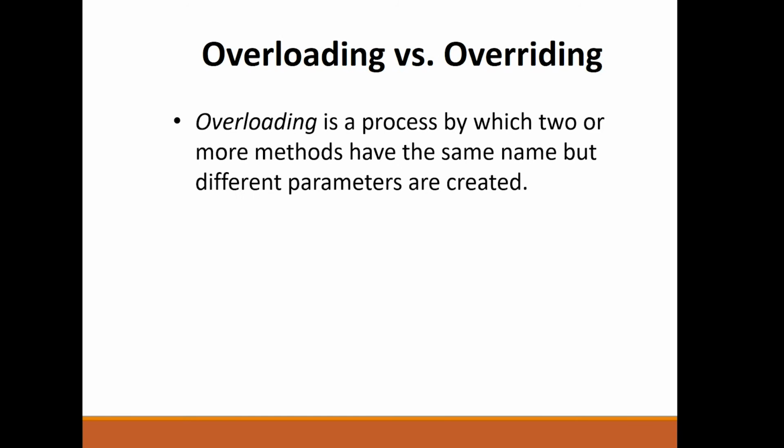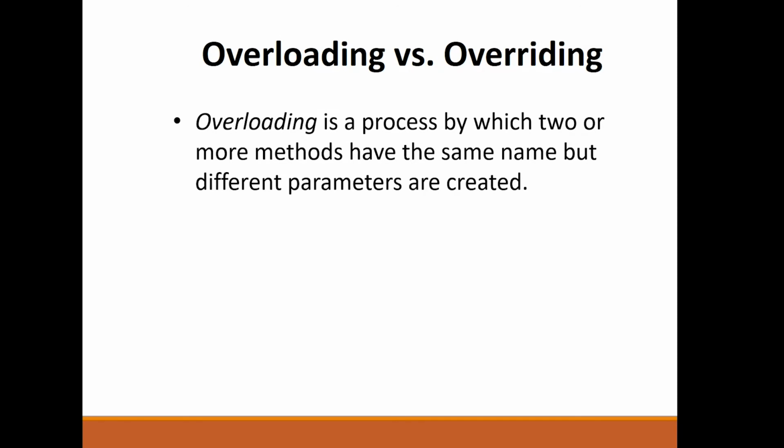Overloading is a process by which two or more methods with the same name but different parameters are created. This has already been discussed last time, no? So overloading is having the same method name but a different number of parameters.